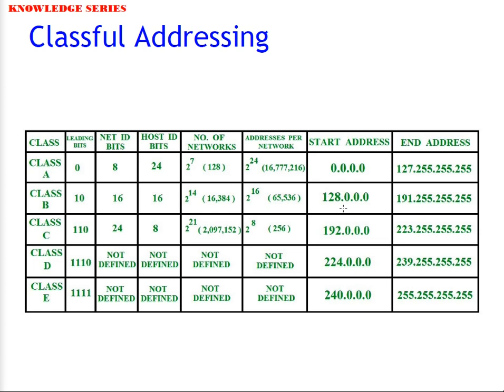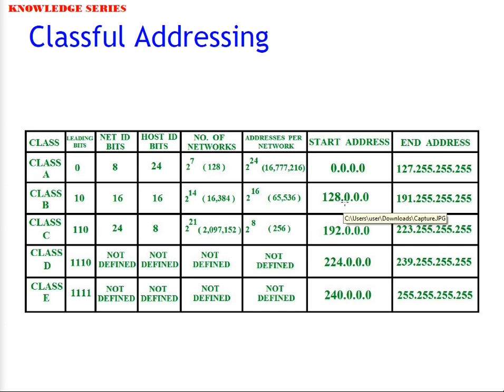So in the first case, 128 plus 64 is 192, minus 1, because when you are writing the address, you cannot write 192 here. This is already existing, so that's why it is 191 here.